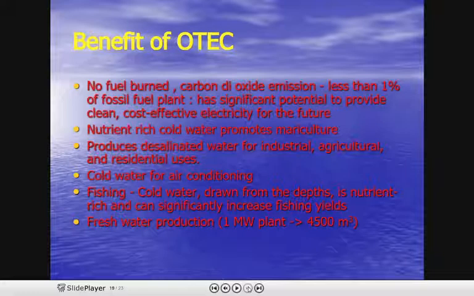The nutrient-rich cold water promotes mariculture, produces desalinated water for industrial, agricultural and residential uses, and cold water for air conditioning and fishing. Cold water drawn from the deep is nutrient-rich and can significantly increase fishing and freshwater production.